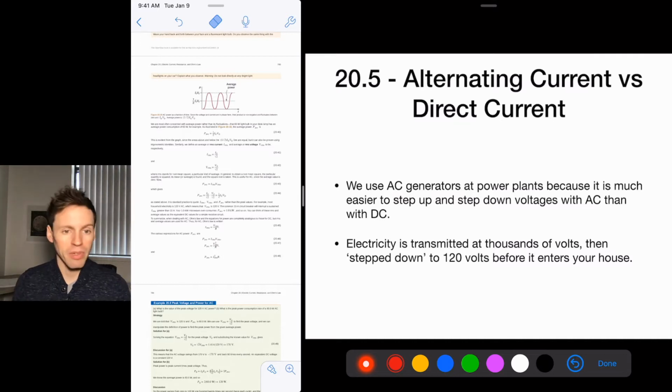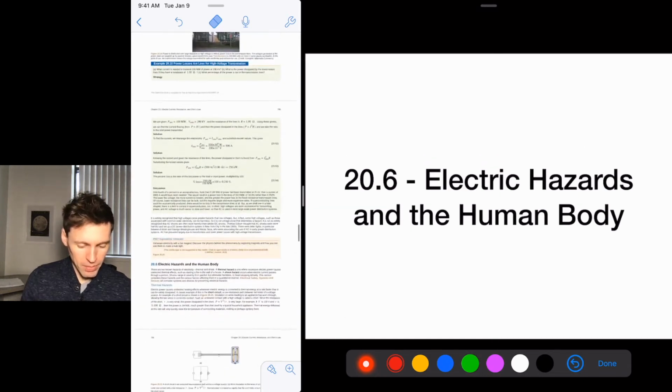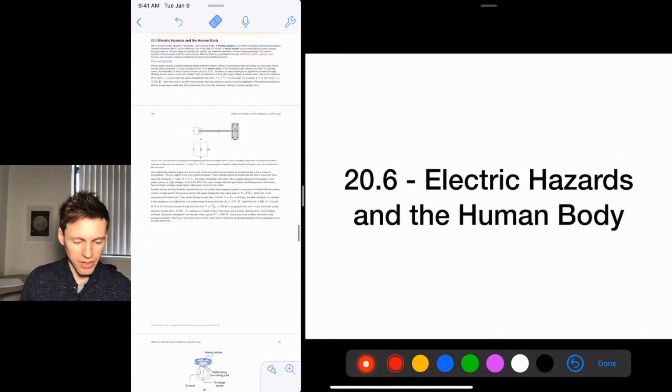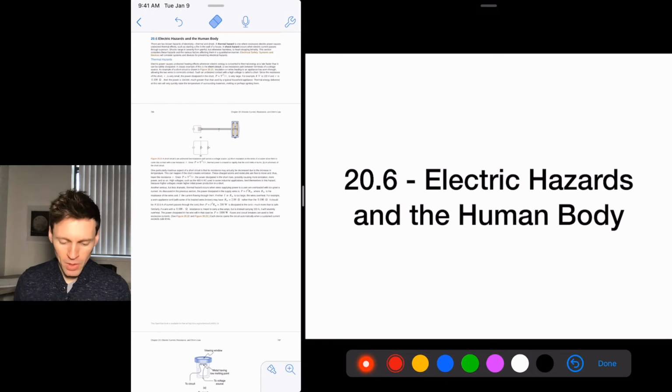You step it down from thousands of volts to hundreds of volts to 120 volts at various transformers, outside of your house, at substations and so on. But your main thing is calculating V_RMS and I_RMS and using the equation V0 sine 2 pi ft. It's not scary, it's just a sine wave.